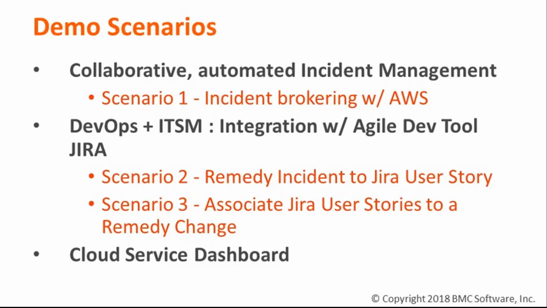Then we will do Jira use cases 2 and 3. Push an incident from Remedy to Jira, create a user story, and then we will associate Jira user stories to a Remedy change, and then we'll go into the Cloud Service Dashboard. So those are the 3 or 4 demos that we want to get to.